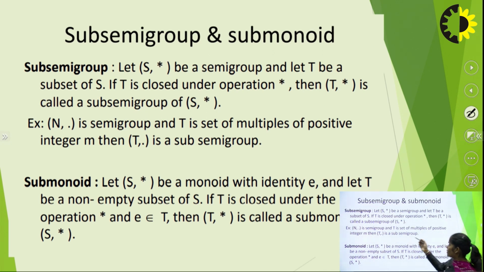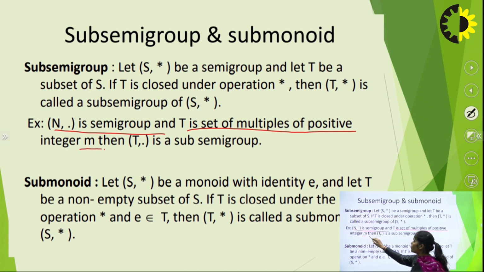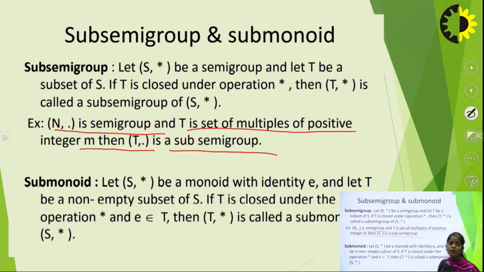Here we take an example: natural numbers with the dot operator is a semigroup, and T is the set of multiples of a positive integer M. Then T with the dot operator is a sub-semigroup, right? Now come to the sub-monoid.